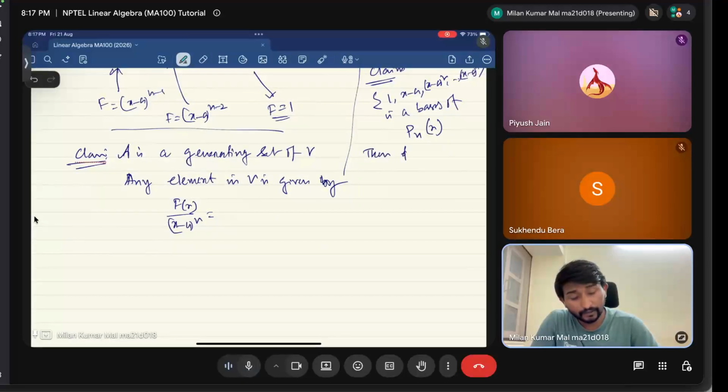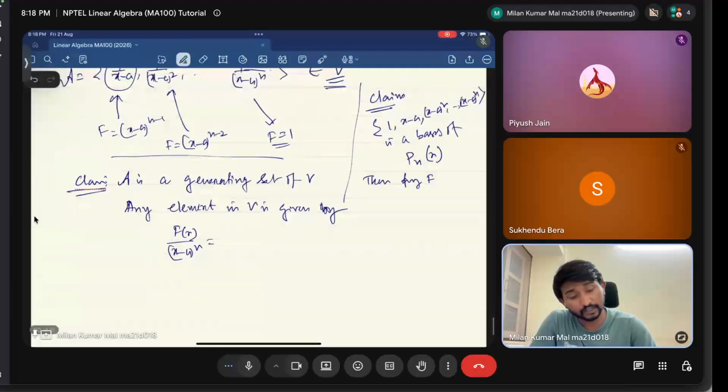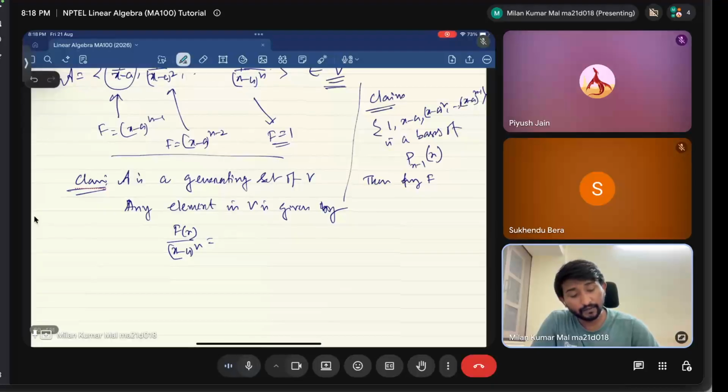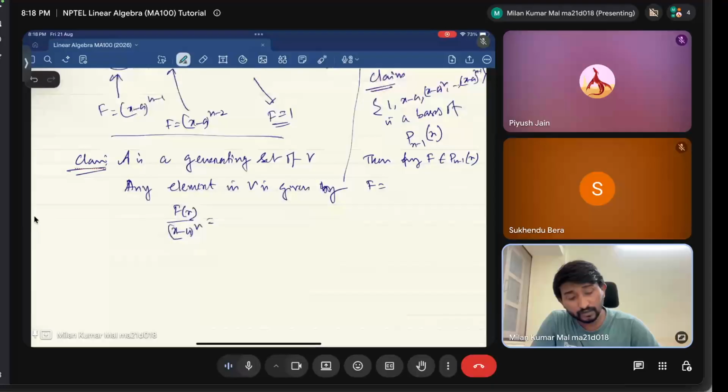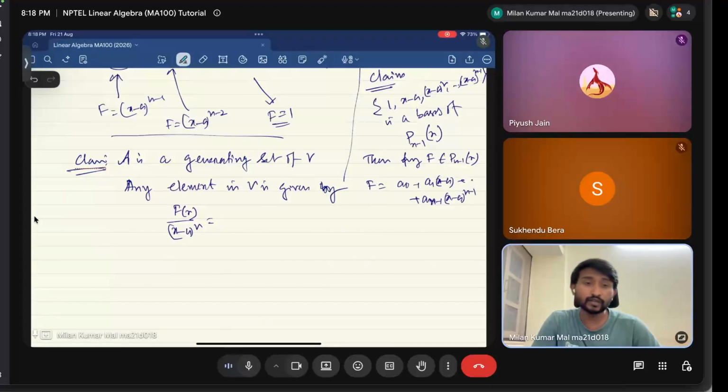Any f belonging to P n minus 1 of x can be written as f equals a naught plus a1 (x minus a) plus all the way a n minus 1 (x minus a) to the power n minus 1. We can write it this way.